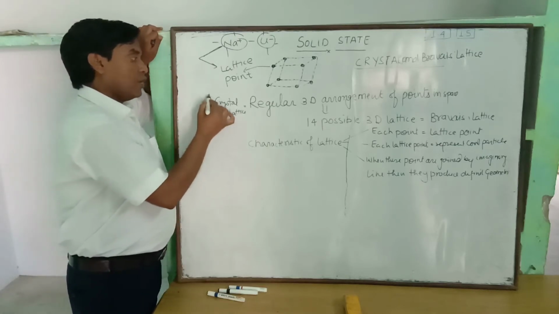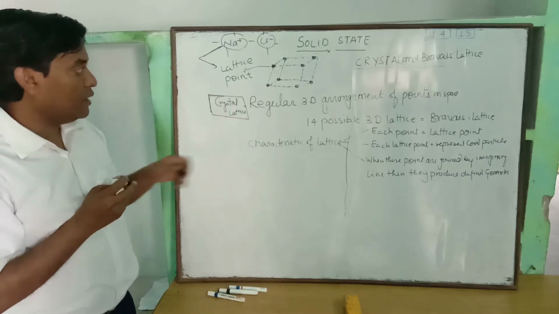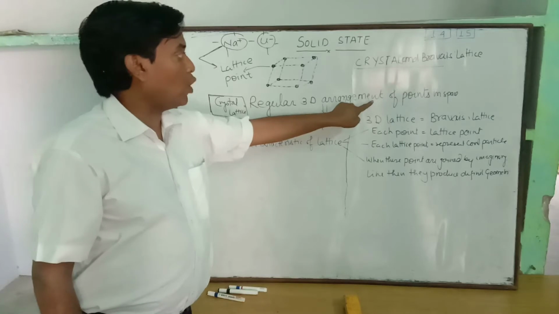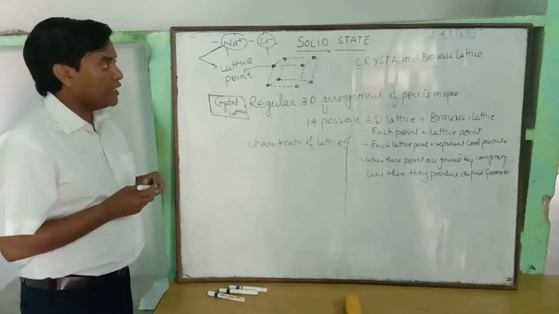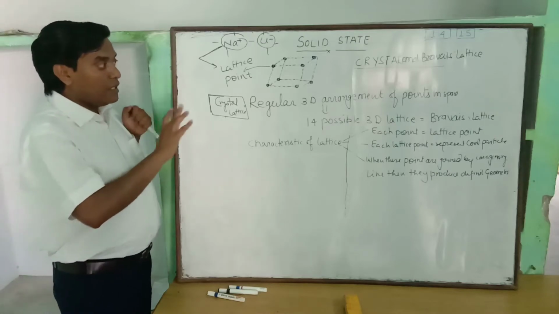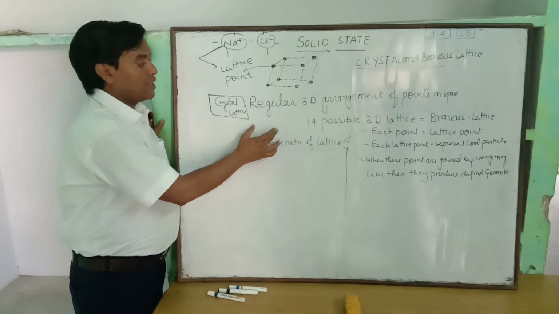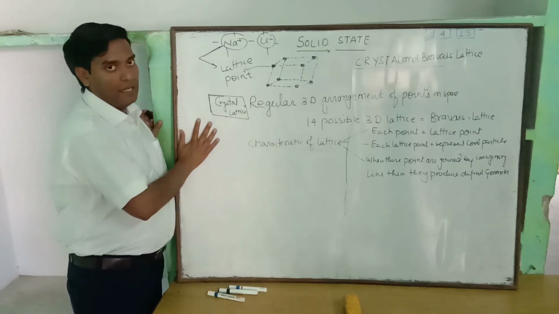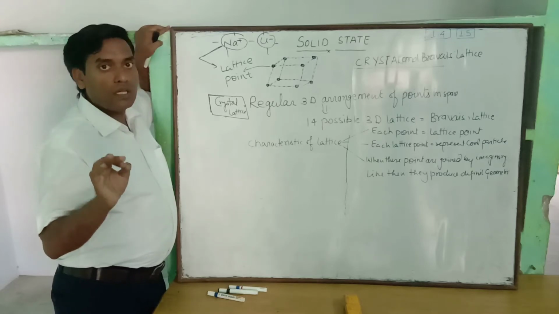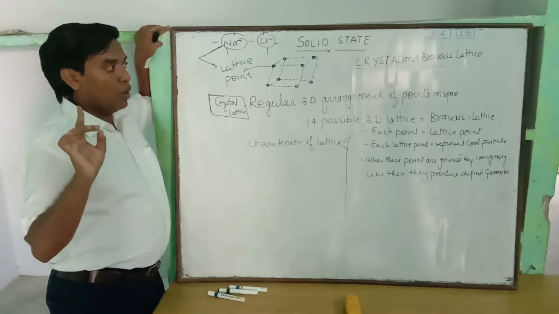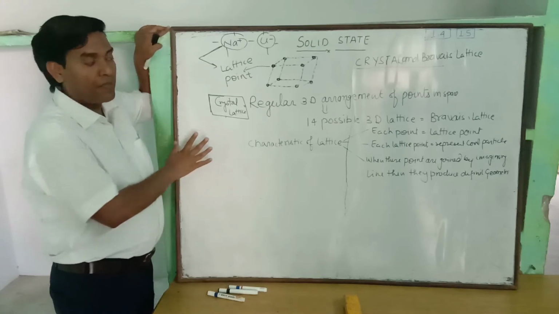Now, the definition of crystal lattice. What is a crystal lattice? The regular 3D arrangement of points in space is known as a crystal lattice. When these points are regularly arranged in 3D throughout the substance, they generate a certain structure, and that is the crystal lattice.